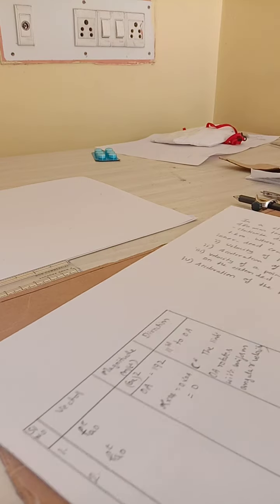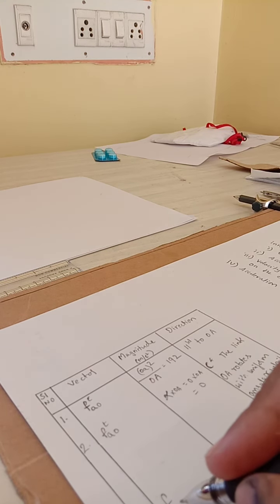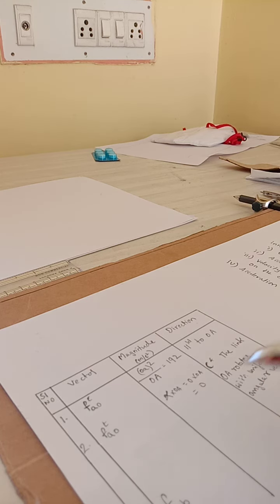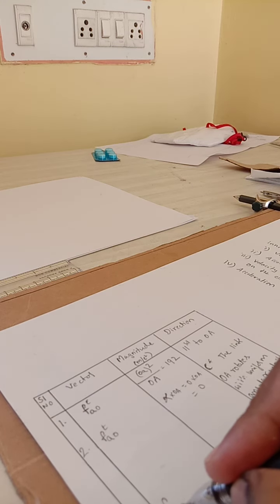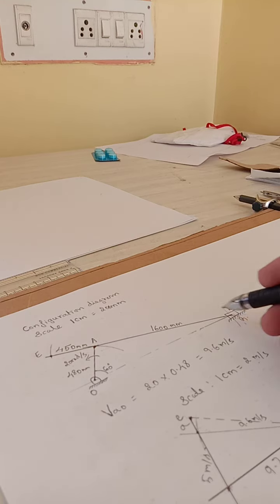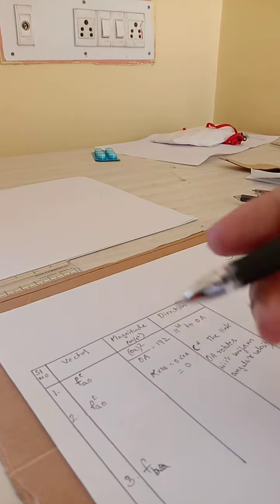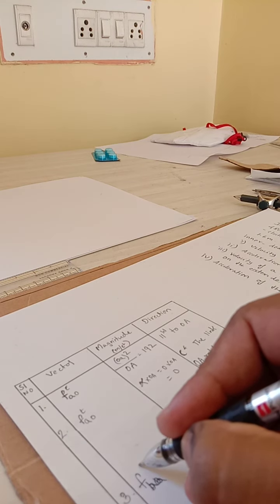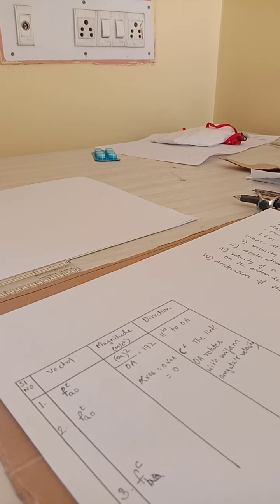So now we'll come to FBA, that is the acceleration of point B with respect to A. Here again we will have two components, centripetal and tangential.